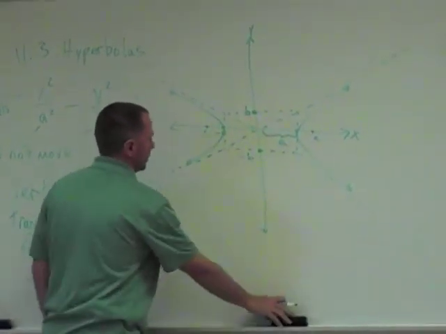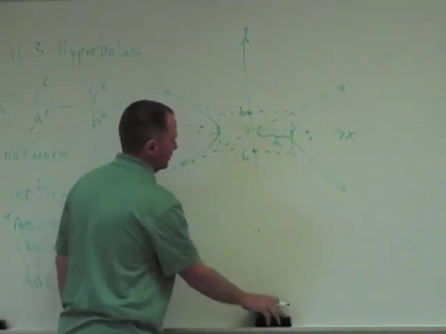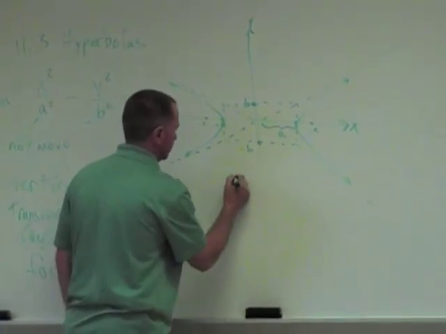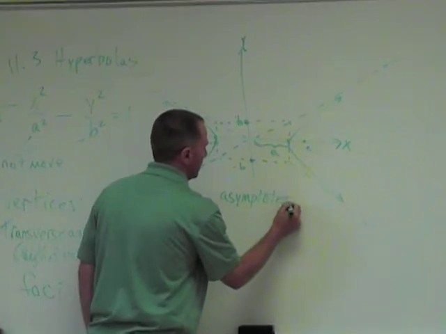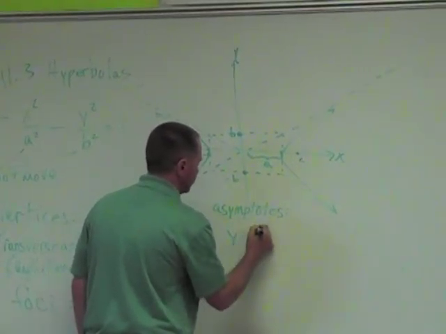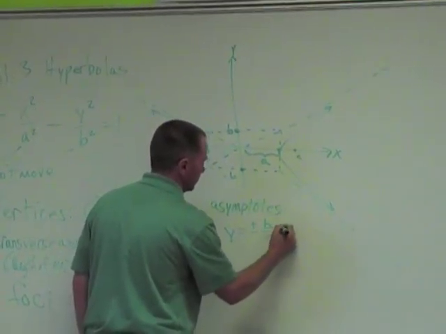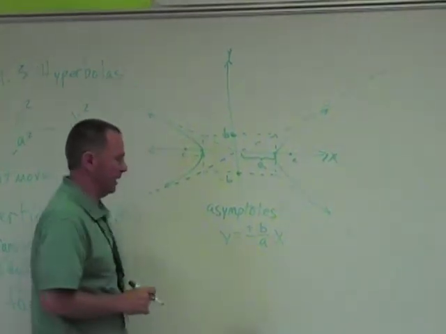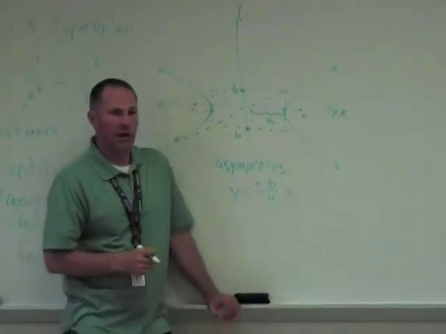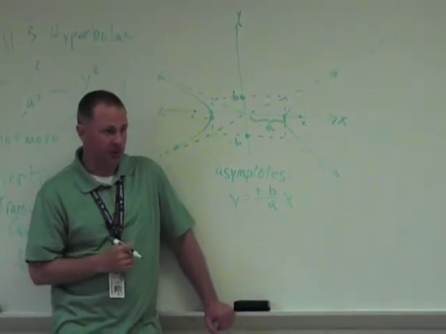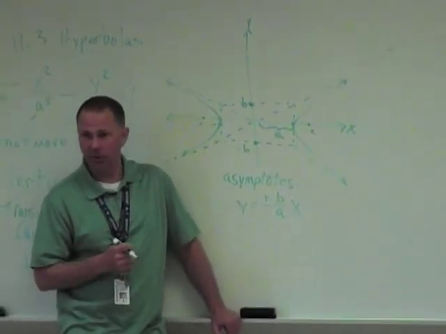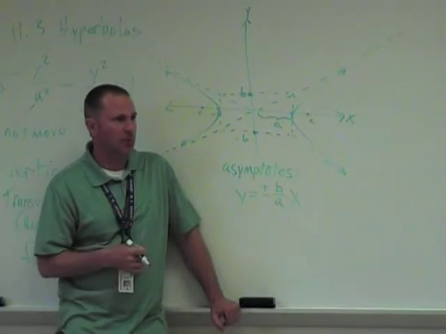Alright, so let's talk about asymptotes. Your asymptotes are straight lines, so they have a slope and an intercept, and the intercept is always going to be at 0, so you don't have that second part to it. But slope is rise over run.